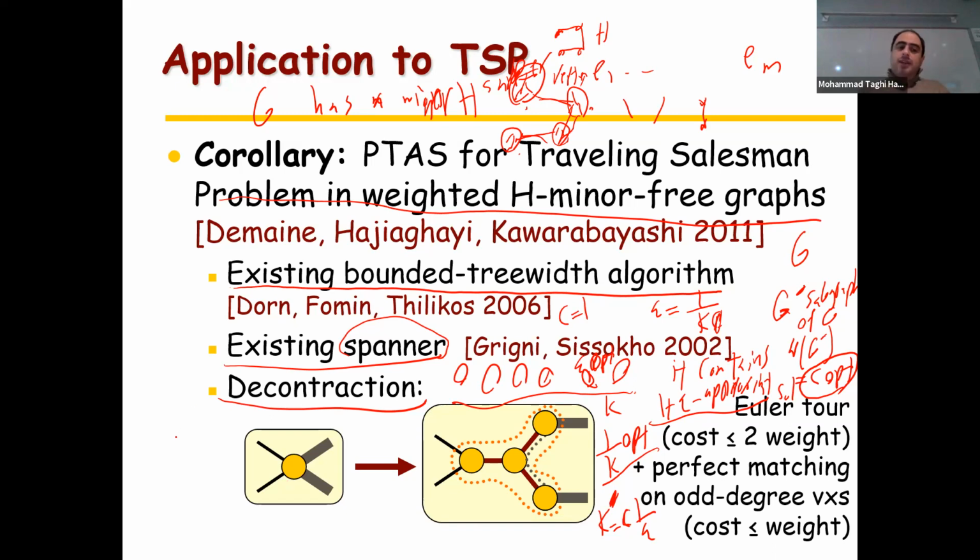The same thing here. I have contracted some edges, and then I have created a TSP. But the issue is that some of the vertices I'm working with are super vertices. It means that inside them, if you open them, there is actually a tree, because I contracted them to get this vertex. So this is the same story that I have mentioned here. This vertex is a super vertex.